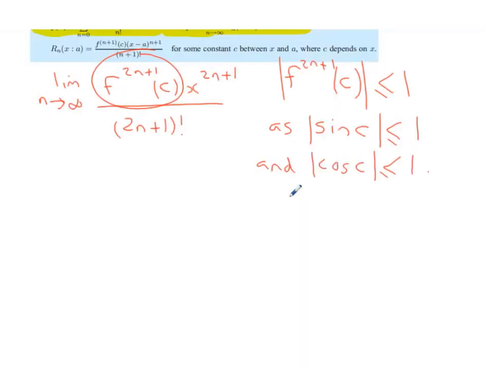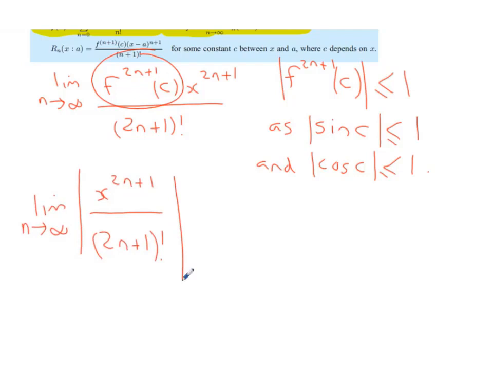So now I'm going to look at the limit as n approaches infinity of the absolute value of the error term, x to the power 2n plus 1 over 2n plus 1 factorial. n is only non-negative, so the 2n plus 1 and the 2n plus 1 factorial will never be negative.